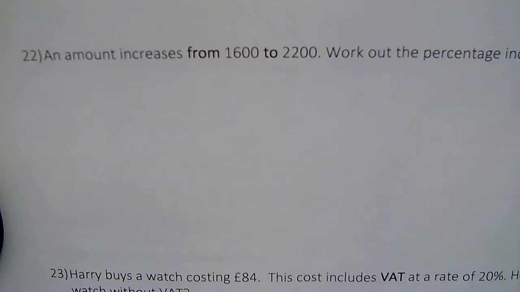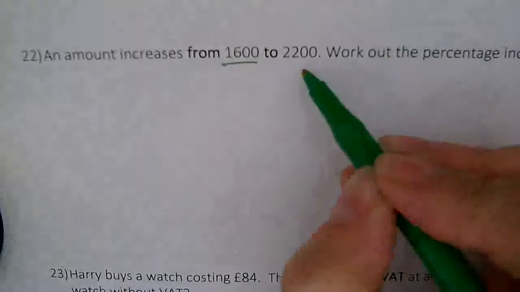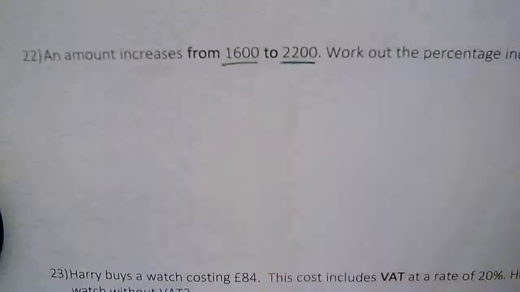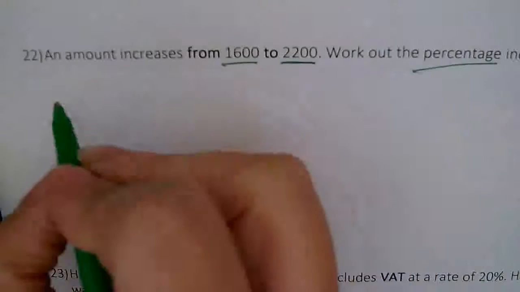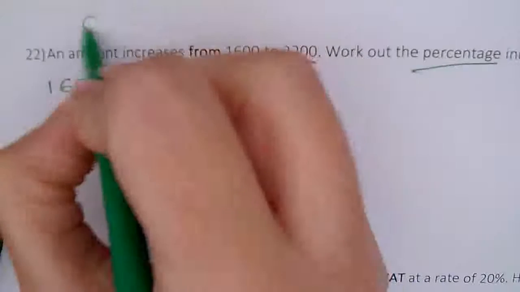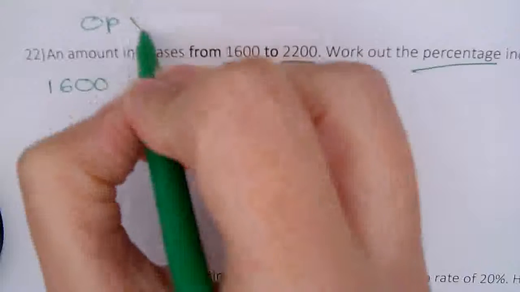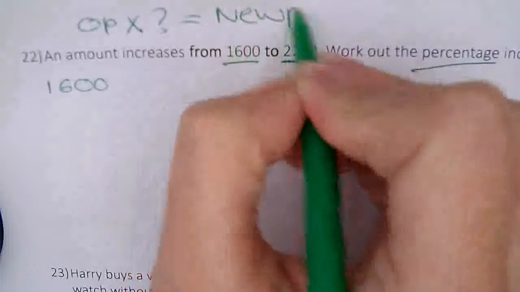Okay, so an amount has increased from 1600 and it's gone up to 2200, and it does ask for the percentage increase. So there are a couple of ways you can do this question. If you think about the original 1600, you might have heard original price times something equals new price.